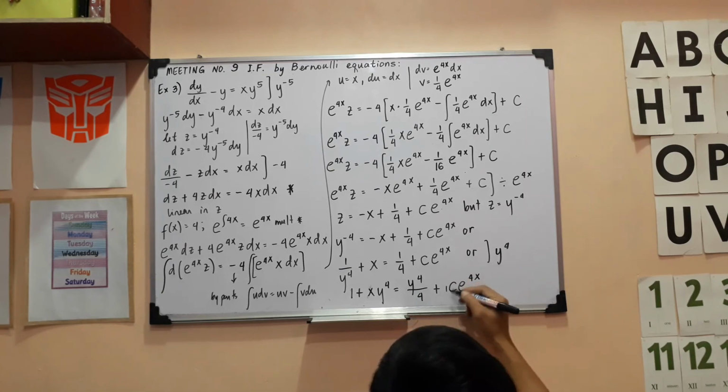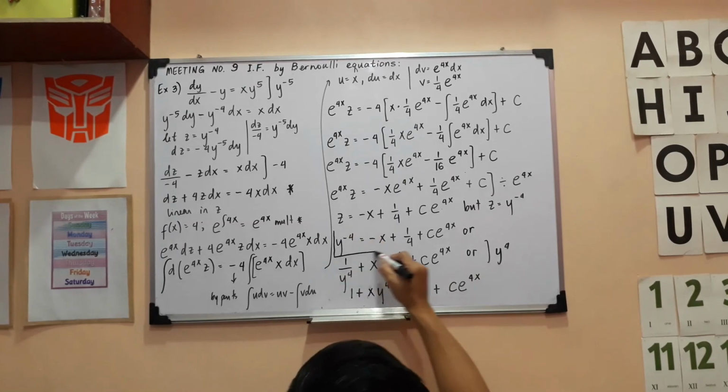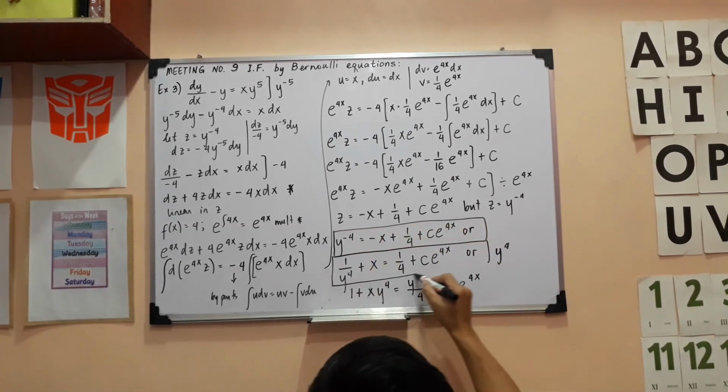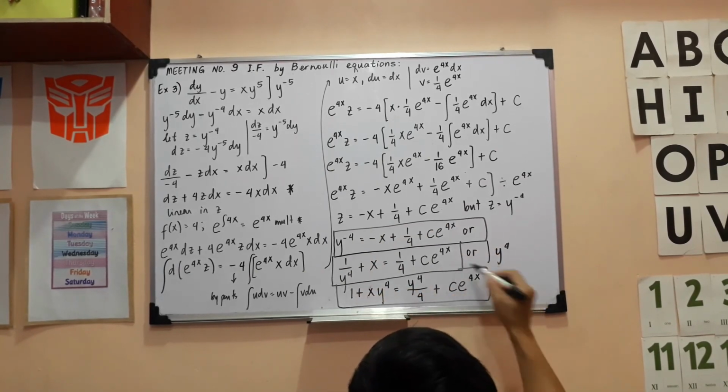Or 4 times constant is still constant. So mula dito, pwede na yan, or any of this. Okay? So yan yung ating Bernoulli equation.